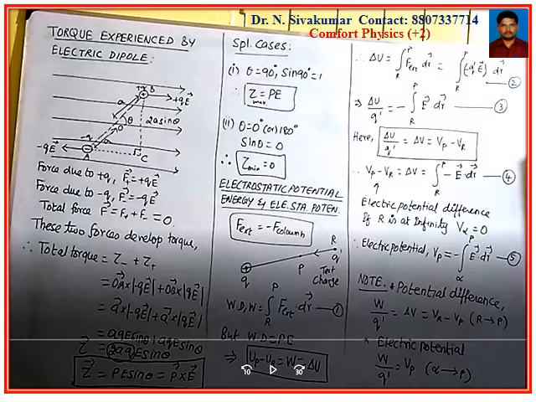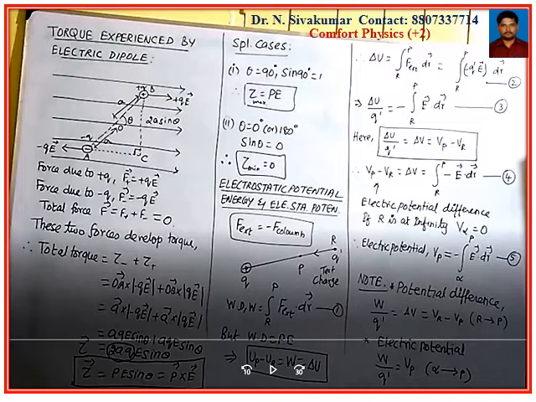Here for the negative charge, the force is acting along OA. The force is minus qE, the distance is OA, plus the torque due to the positive charge. The force is plus qE, the distance is OB, force into distance.